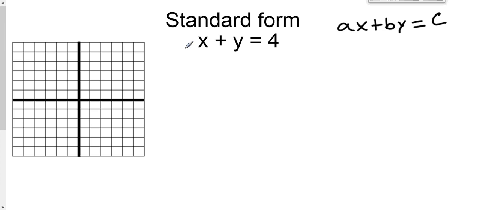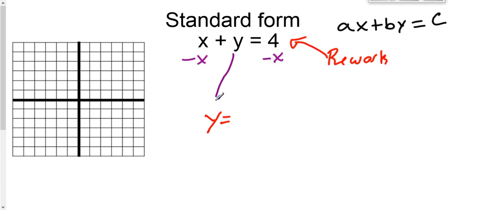What we're going to do is we're going to rework this equation right here, say y equals. So in this particular case, the thing that has to move to get away from the y is our x. We're going to move the entire variable by subtracting it. That leaves us the y equals that we want.